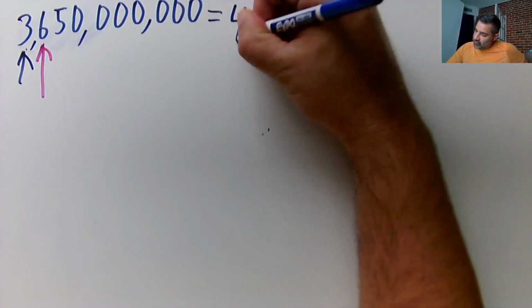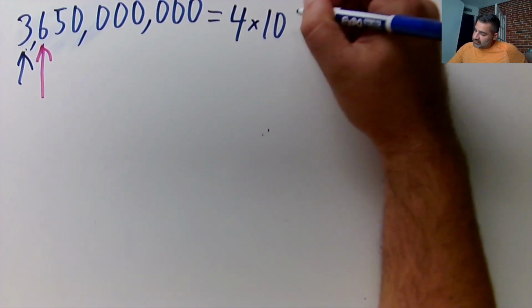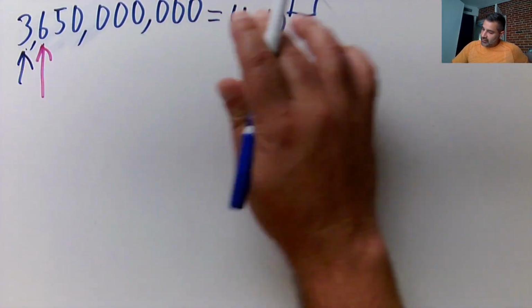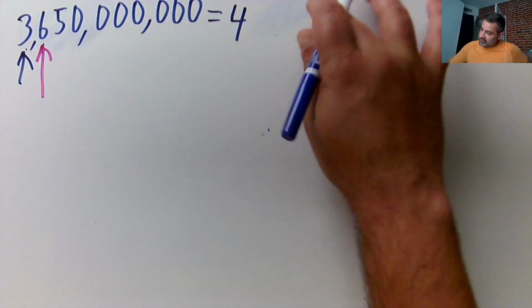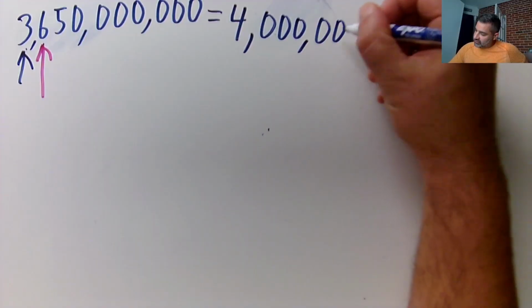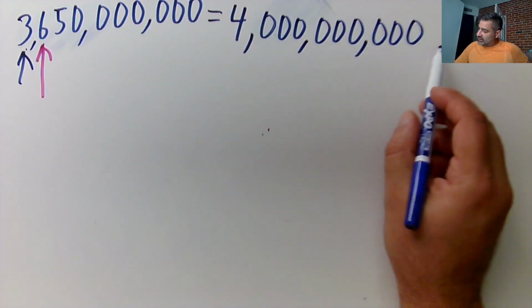And so we have 4 times 10 to the something power. Or actually, we're just going to write it as is. 4 billion. 1, 2, 3, 1, 2, 3, 1, 2, 3. So that's 4 billion.